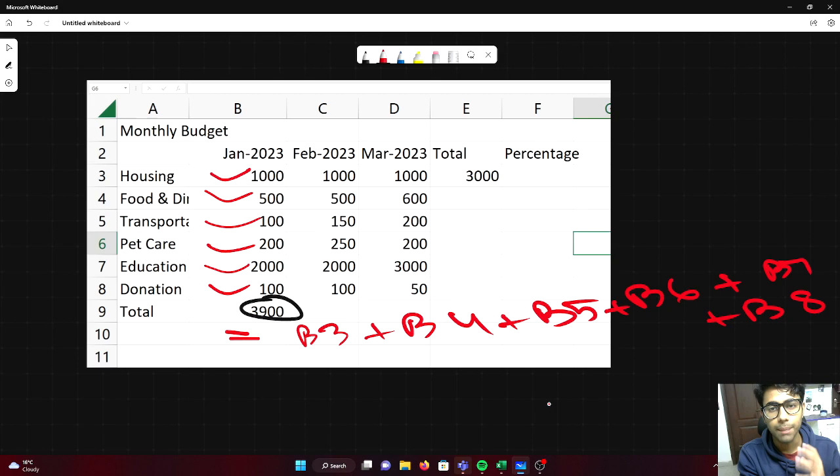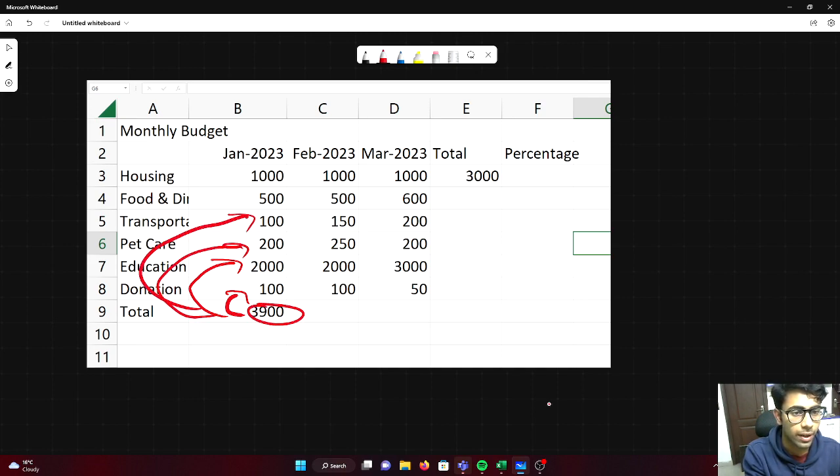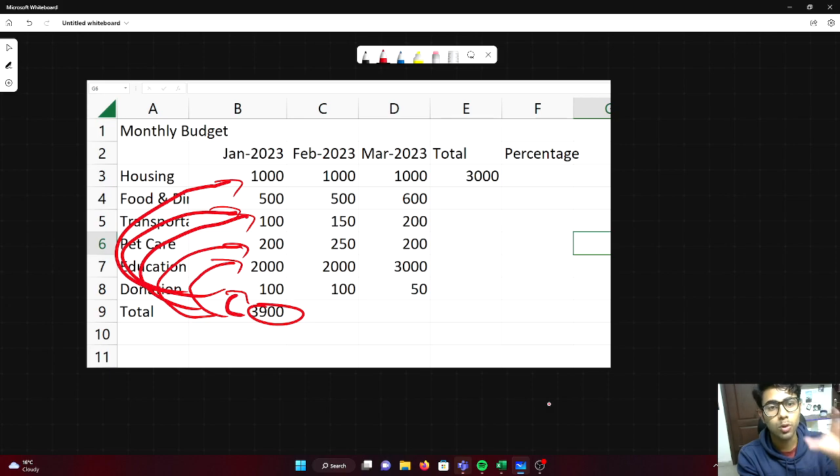So what is actually happening behind the scenes is that we are using the concept of relative cell referencing. Excel is adding the value present inside the block which is one step away, two steps away, three, four, five, and then six steps away from this particular cell. So it is adding the values of those cells which lie at a distance relative to this cell, by the particular distance that we have given.